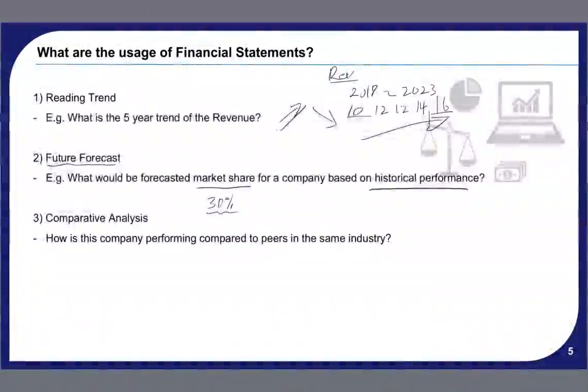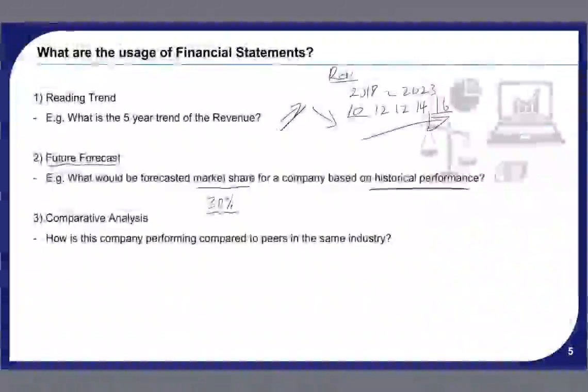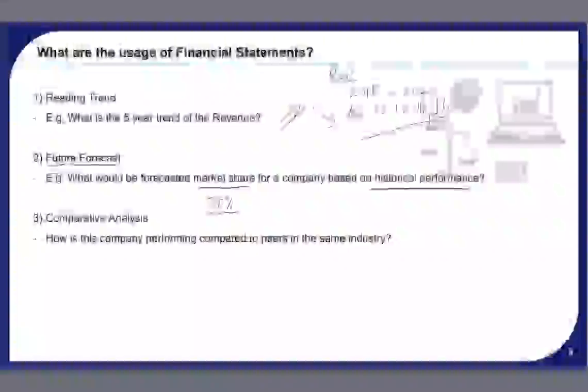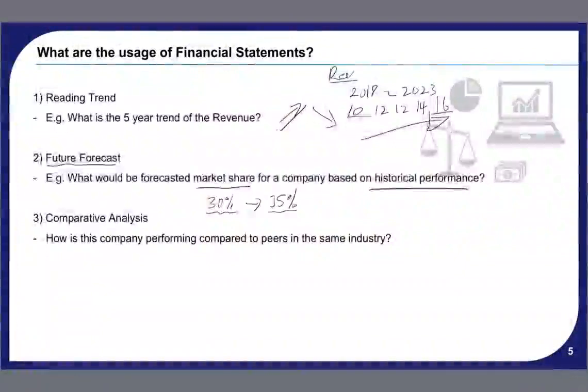So based on these trend analyses or previous figures analysis, we can make a probable forecast that the market share would increase in the next couple of years. So in 2 years' time, maybe the market share could increase to 35%, assuming that the upward trend of the revenue is maintained, okay?